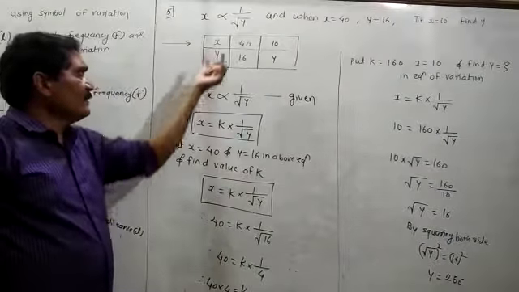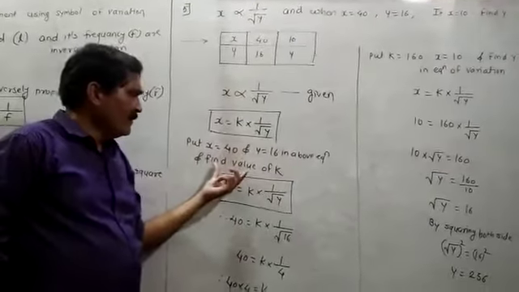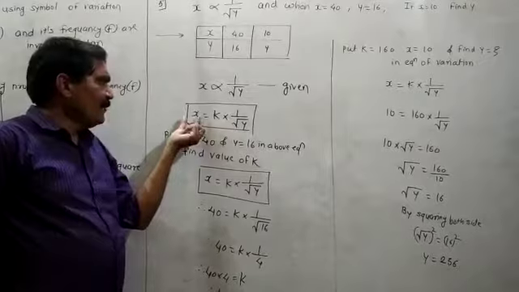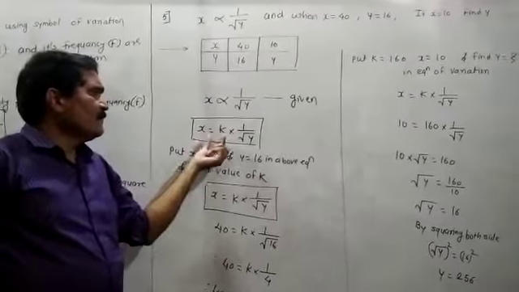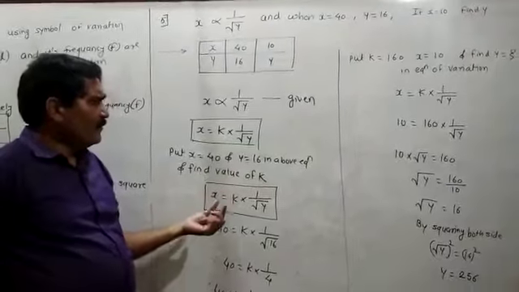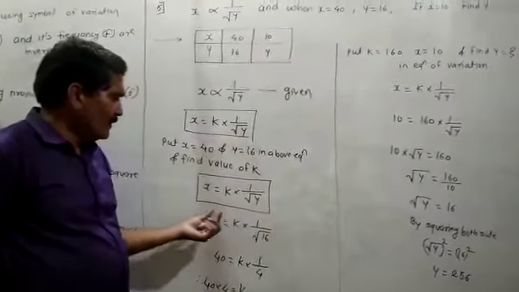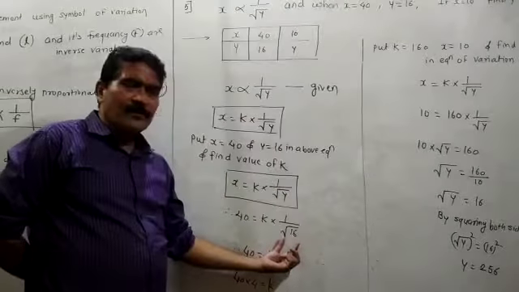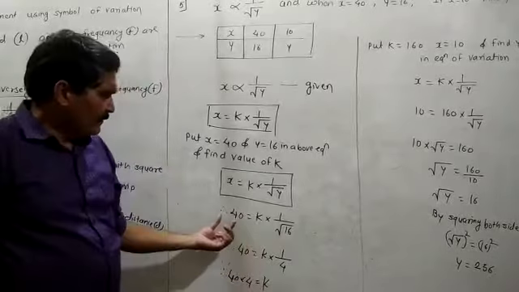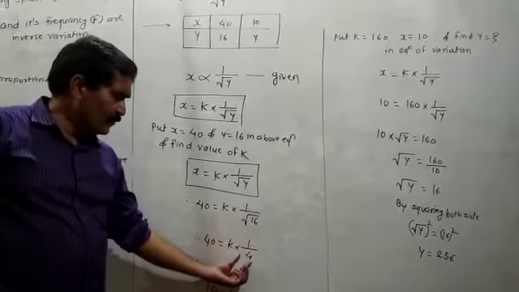Put x is equal to 40 and y is equal to 16 and find the value of k by putting these values of x and y in the equation. So in place of x put 40, in place of y put 16. Then 40 is equal to k into 1 upon square root of 16, which is 4.